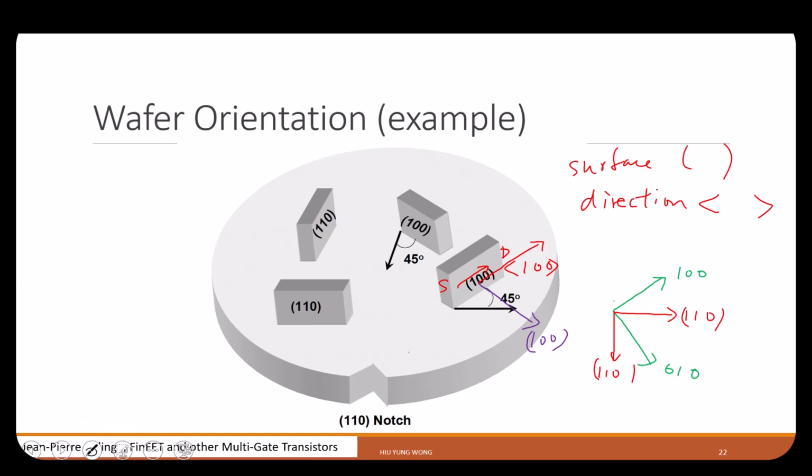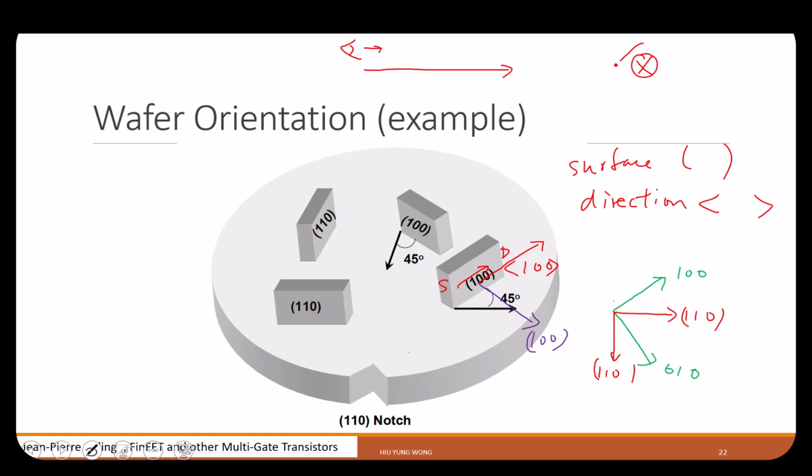For example, I'm transporting in this direction. If I try to draw this as looking into this direction, this is the eye, right? I'm looking into this direction. Then I get this one, right?